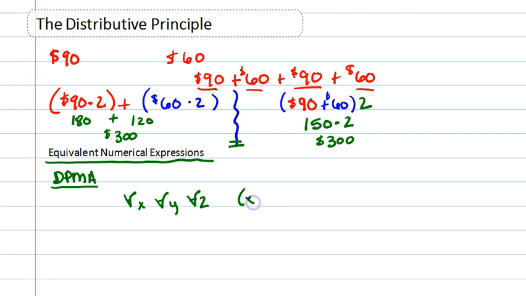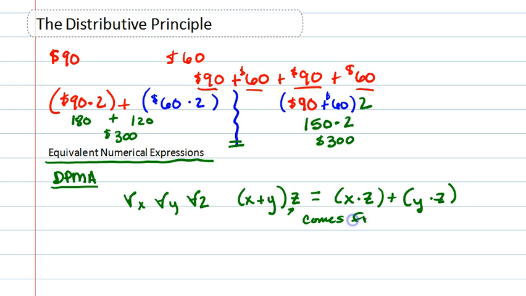If I have x plus y and I multiply it by z, this should be equivalent to x times z plus y times z. Notice that it comes from the right.